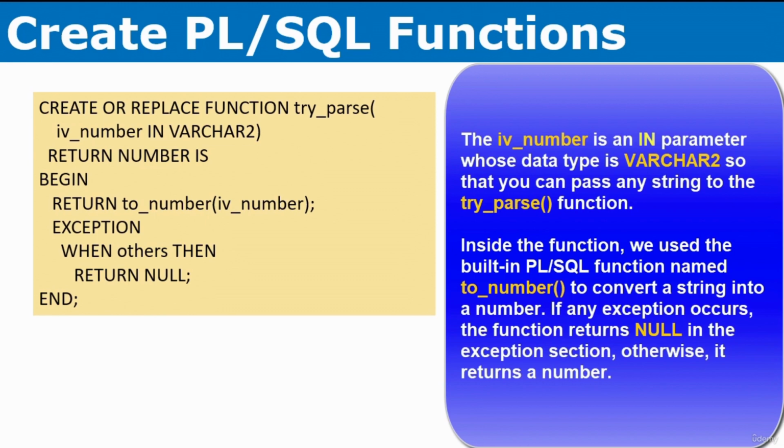This function is used to convert a string into a number. If any exception error occurs, the function is going to return a null value in the exception section. Otherwise, it will return a number.